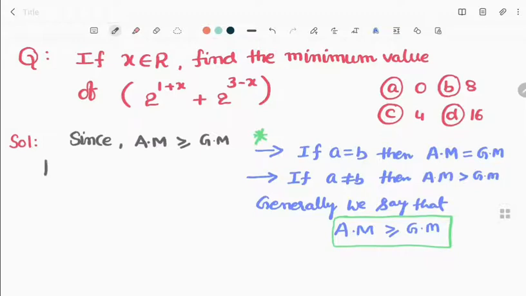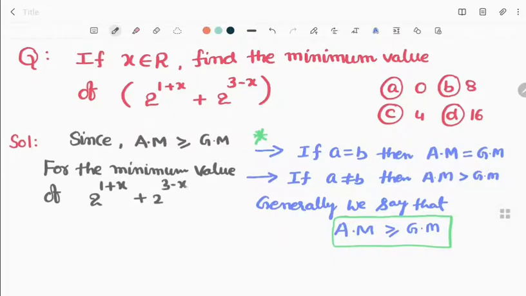So for the minimum value of 2 power 1 plus x plus 2 power 3 minus x, we need to consider AM is equal to GM. Arithmetic mean is equal to geometric mean. Here, this I am considering A, this I am considering B.